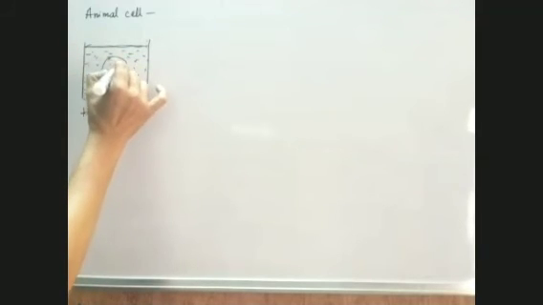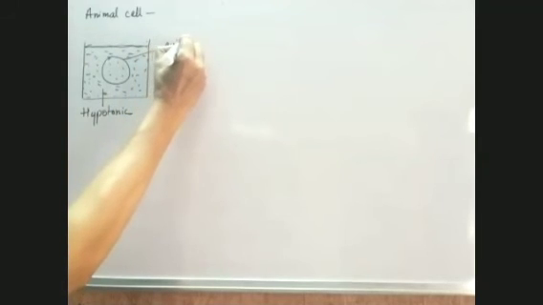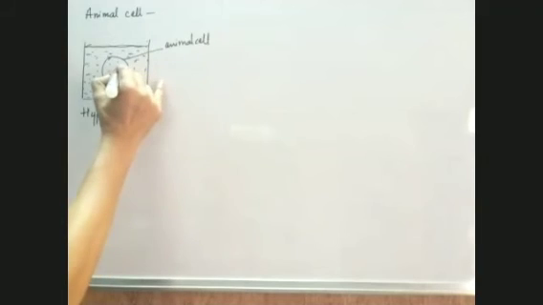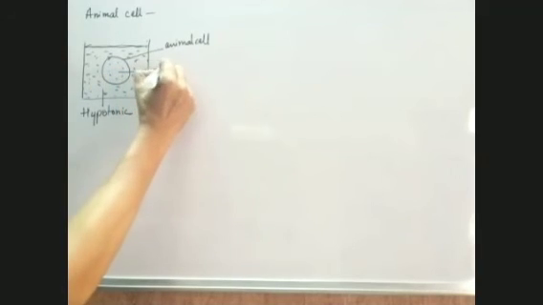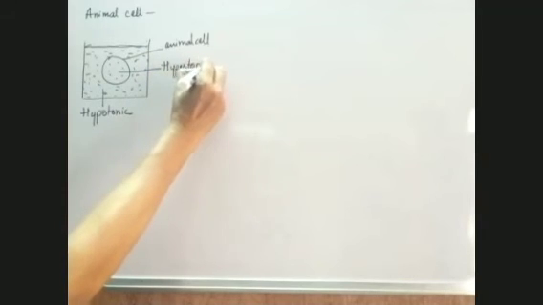See, this is an animal cell, and this animal cell also has a certain type of fluid in it, and that fluid is hypertonic. That means the concentration of the fluid present inside the cell is more than the concentration of the fluid present in the tumbler.